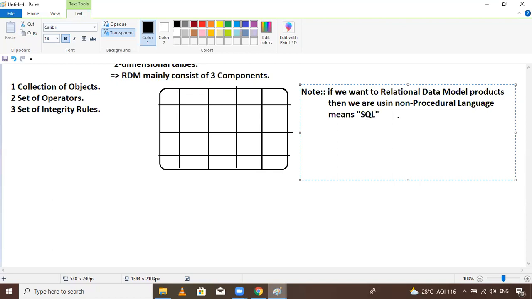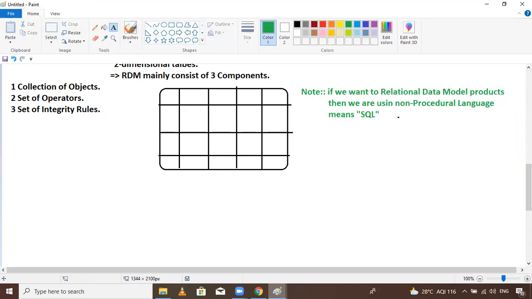SQL is Structured Query Language. This is a very, very important point.